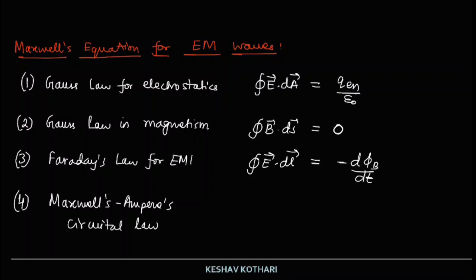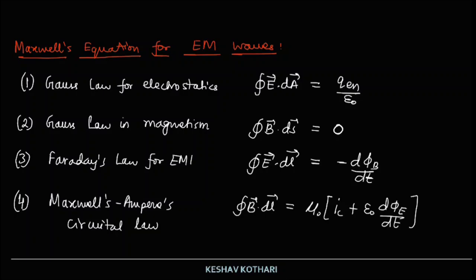That is, the cyclic integral of B dot dl is equal to mu naught times the conduction current plus the displacement current, which is passing through a closed surface or a loop.